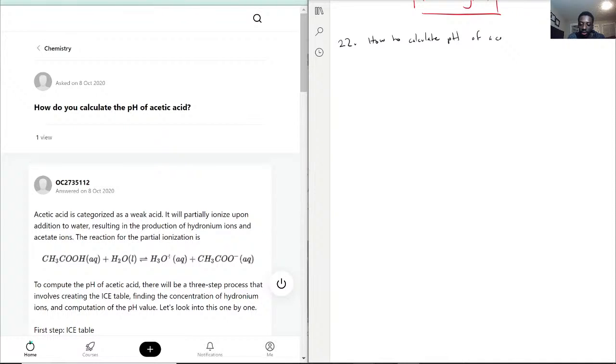Okay, with this we actually do need some information, but the first thing we usually want to start with is finding out the formula for acetic acid in terms of how it works. As we mentioned, because we discussed acetic acid earlier today, it goes like that: CH3COOH, and you put it in water.